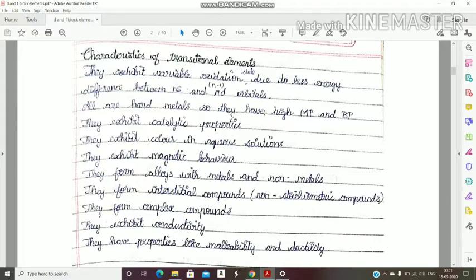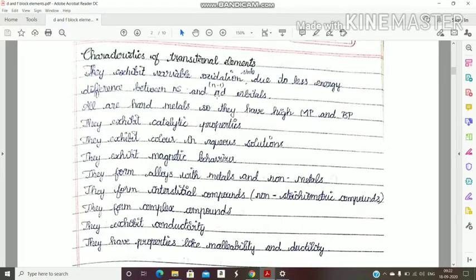These elements exhibit more number of oxidation states because the energy difference between outermost orbits, that is ns and n-1d orbitals, is very less.